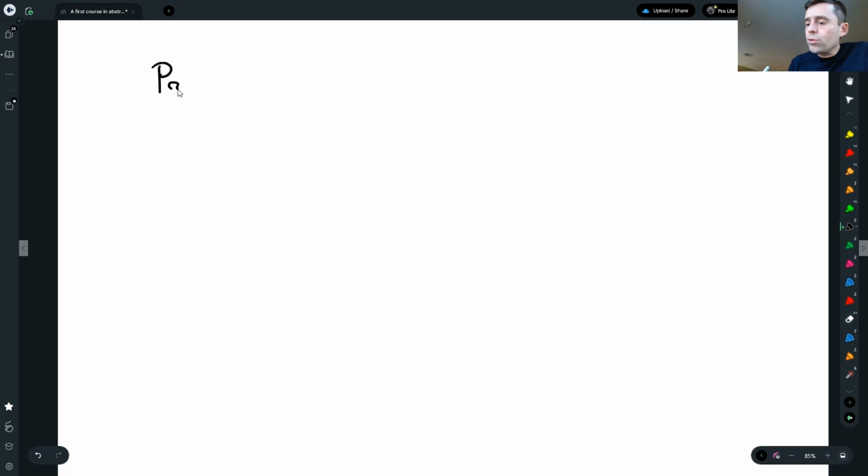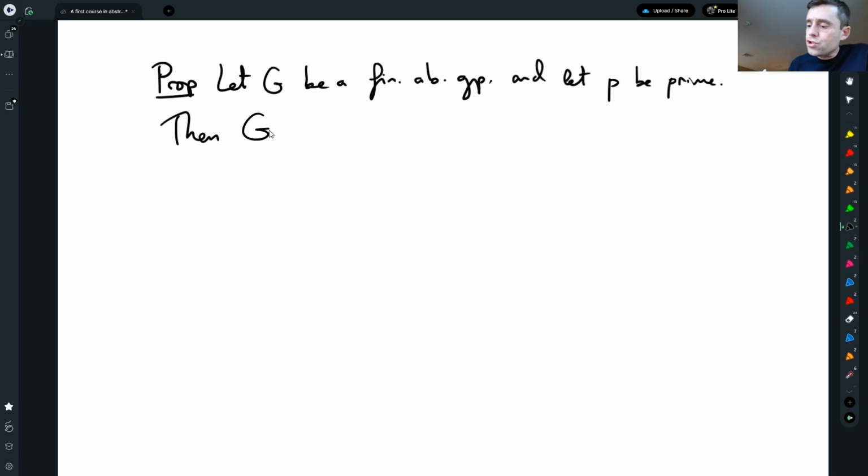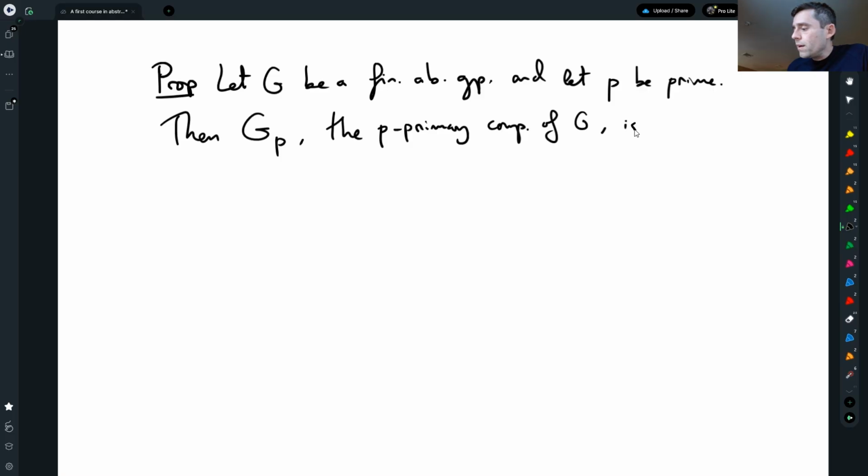So here is what we want to prove. Let G be a finite abelian group, and let P be prime. Then G_P, the P primary component of G, is a subgroup of G. So let's prove that.